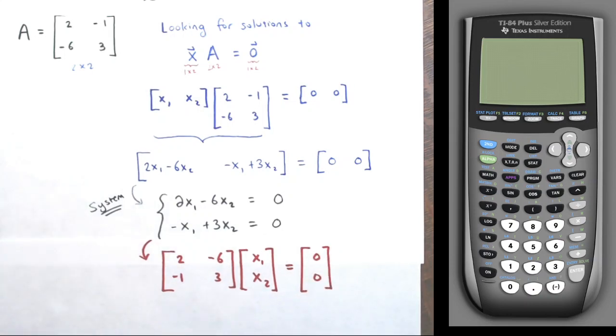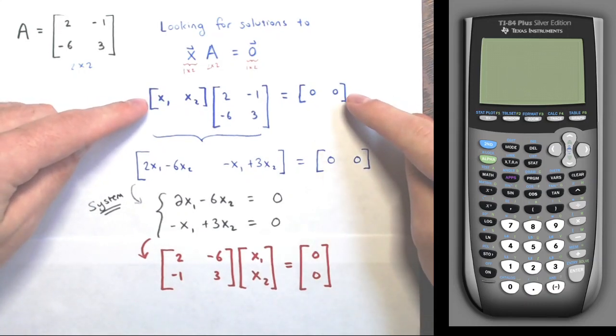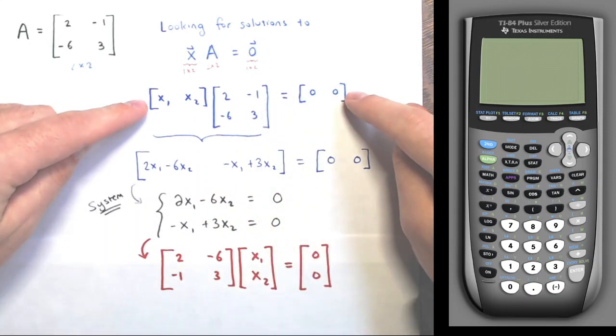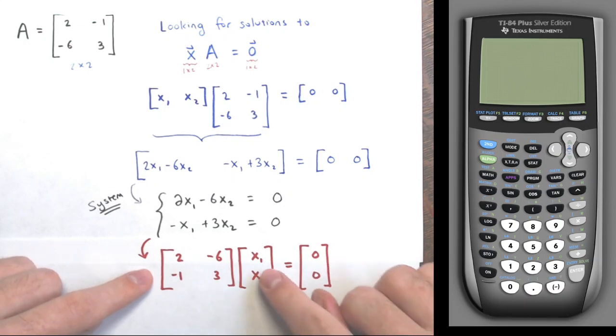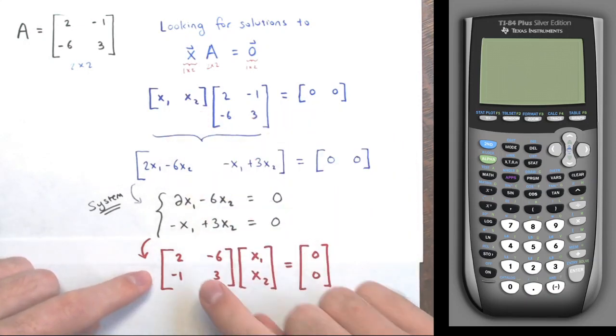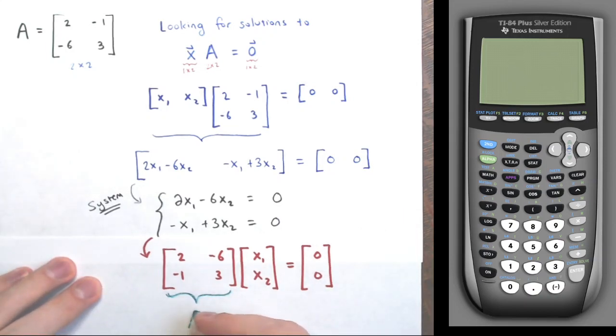And look at this. Solving this equation, where the variable matrix is on the left of A, is the exact same thing as solving this equation, where the variable matrix is now a column vector, and this coefficient matrix, hopefully you can see, is A transpose, times X transpose, equals the 0 vector from earlier, transposed.